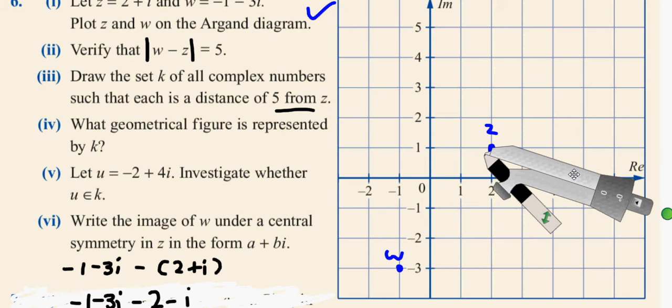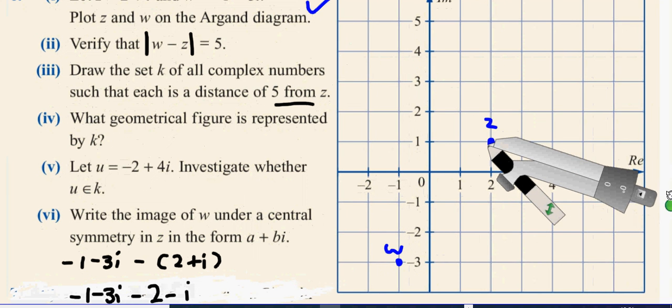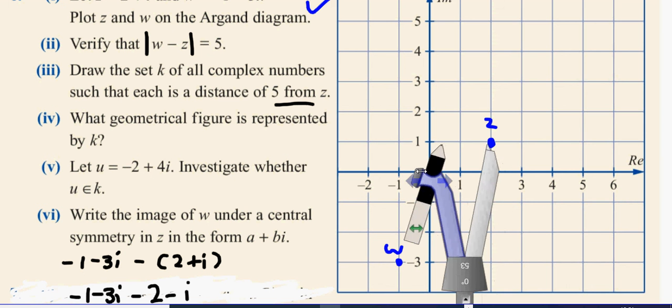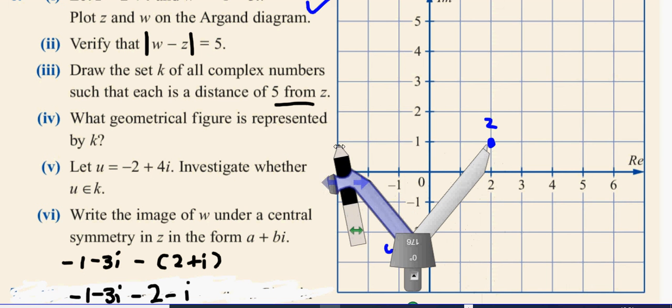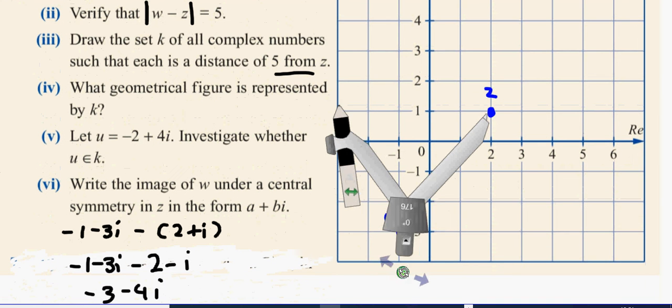Alright, so what I'm going to do here is draw this across 5. 1, 2, 3, 4, 5, right to the edge actually, as it turns out. Man, it's difficult.